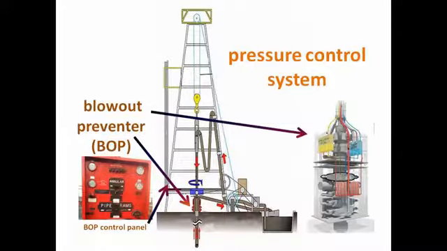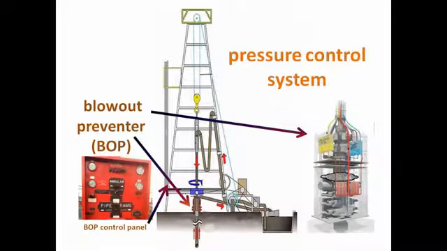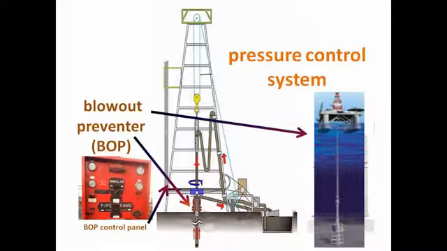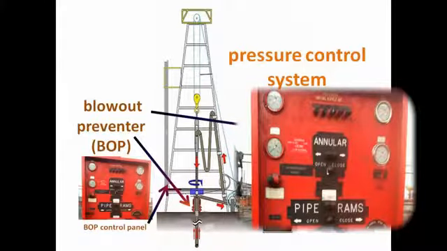On land rigs, they are usually bolted to the top of the well right above the wellbore below the derrick floor. On offshore rigs, BOPs are placed on the ocean bottom above the wellbore on the ocean floor. With its own independent power source for safety, the blowout preventer panel with its controls sits right on the derrick floor for easy access.